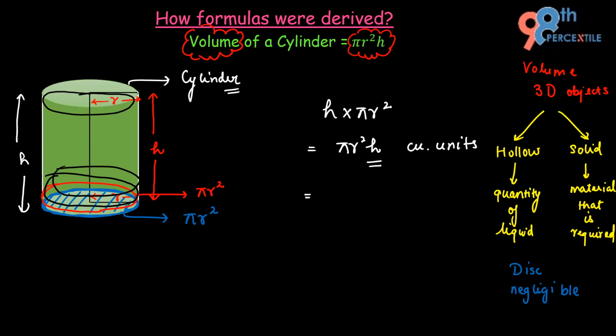Because when we multiply dimensions, their units also get multiplied. The unit of radius will be multiplied two times, and then the same unit of height will be multiplied. So we get cubic units. This is how you can understand the volume of a cylinder.